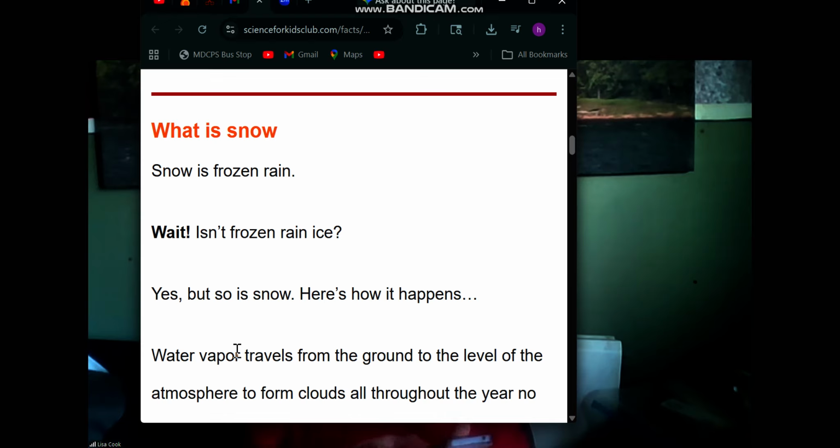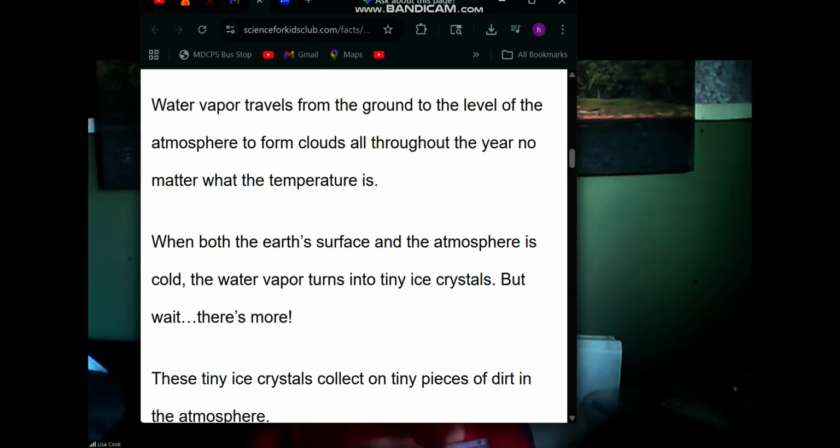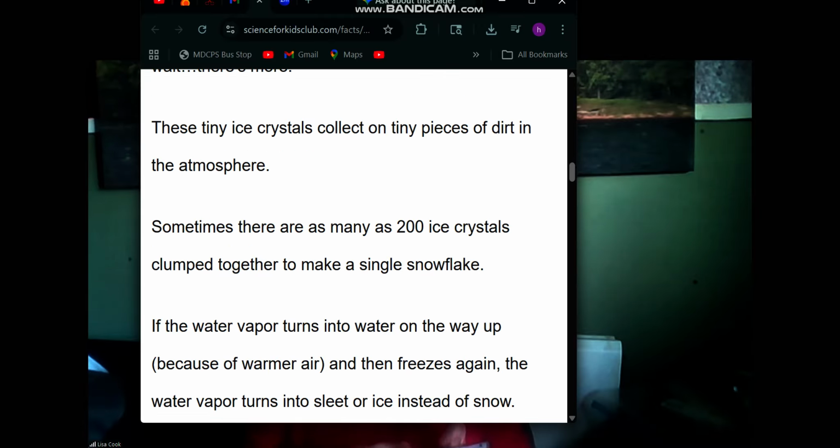It's crystallized water. Yes, it's frozen, but it's crystallized. Sleet is not crystallized.